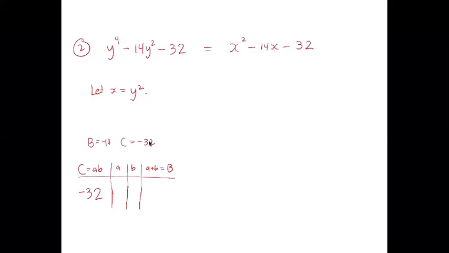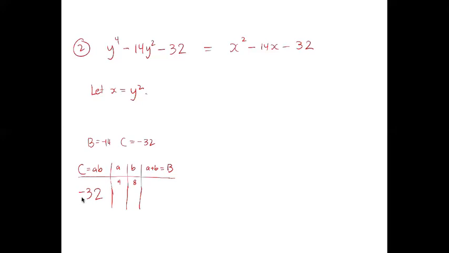Since B is negative, we want the factors such that the number with the higher absolute value is negative, and the number with the lower absolute value will be positive. For example, for negative 32, 32 can be written as 4 times 8.